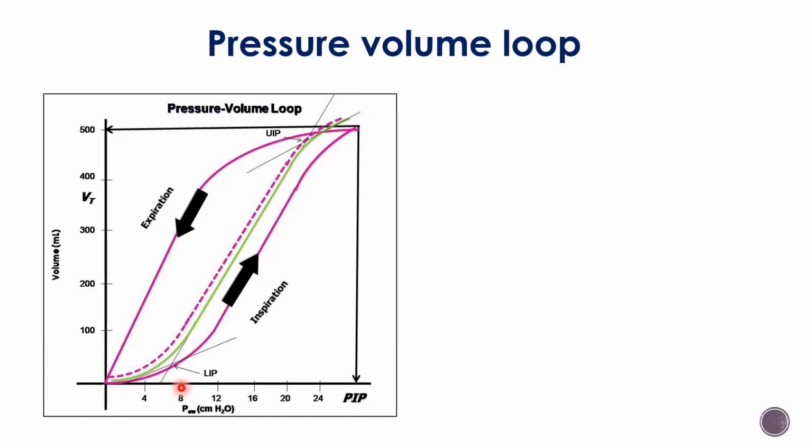From 8 to 12, the change of volume is very high. From 12 to 16, from here to here, even with small changes in the pressure, the volume is increasing exponentially.